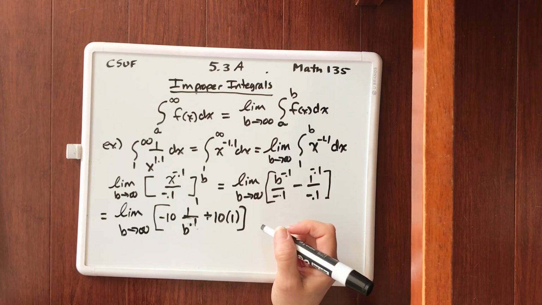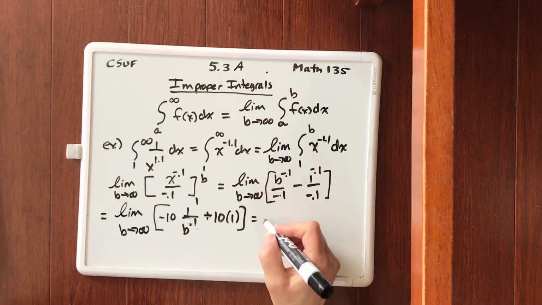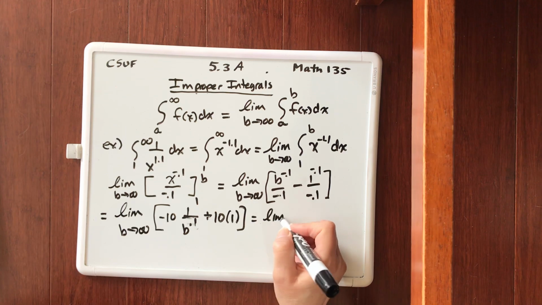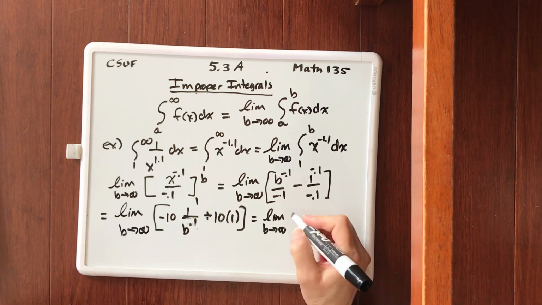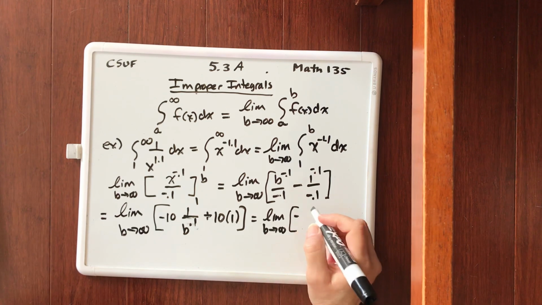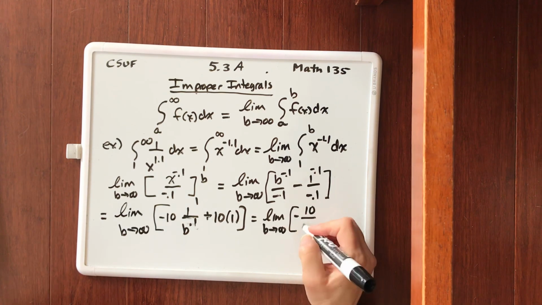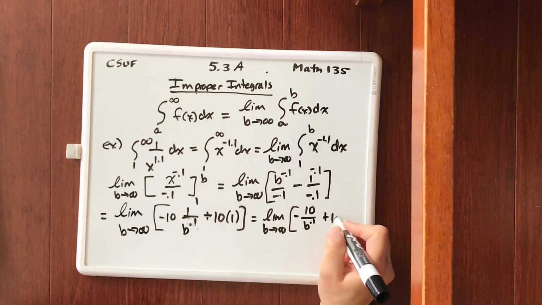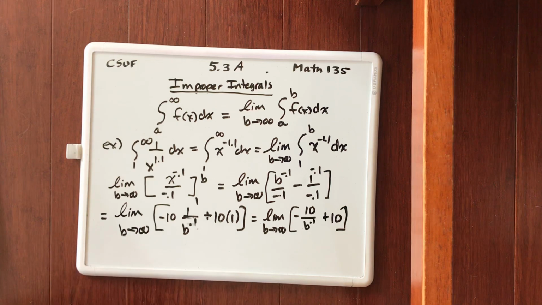So what are we basically taking the limit of? Let's rewrite this again. The limit as b approaches infinity of negative 10 over b to the 0.1, plus 10. All right, so here we have b approaching infinity.